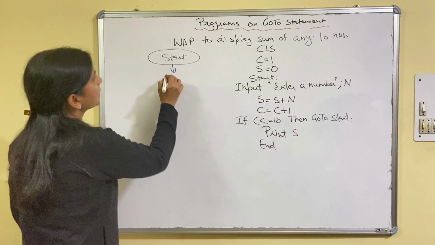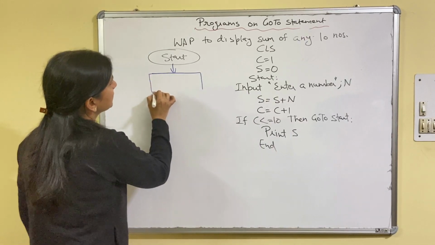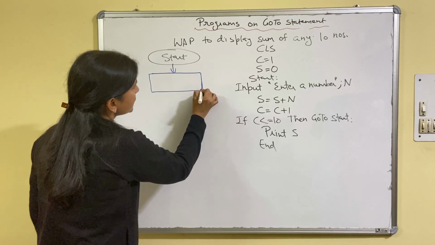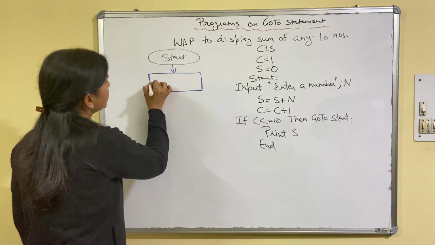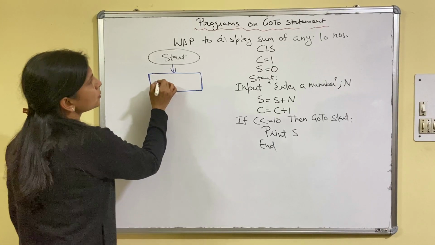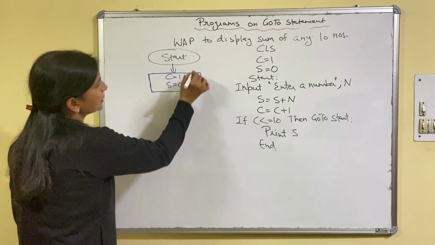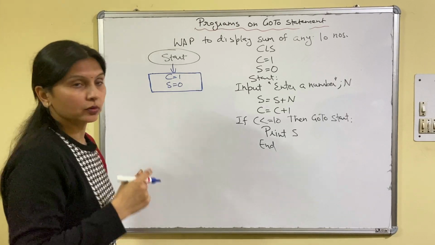C equals to 1. So I told you, for initialization, which box will we take? Process box. And start and stop will be oval shape. So C equals to 1 and S equals to 0, rectangular in shape. Fine. Process box.